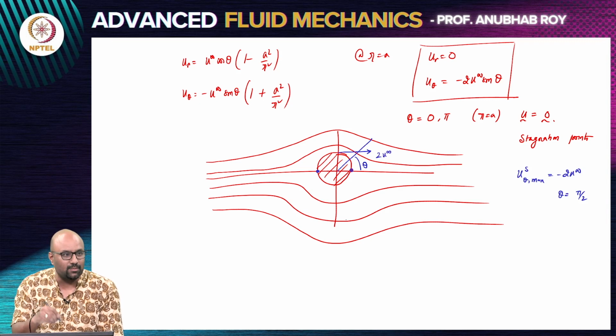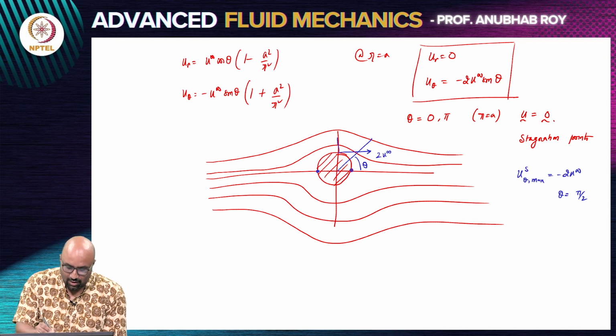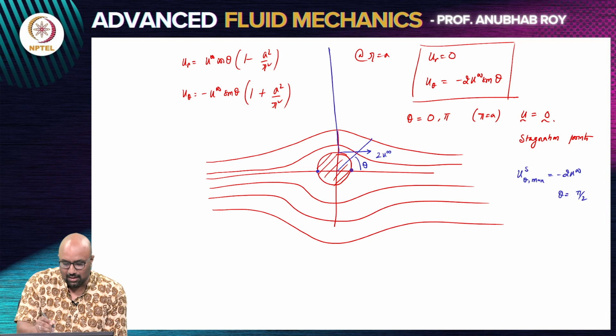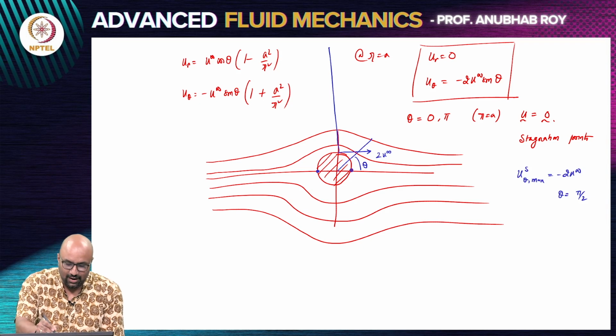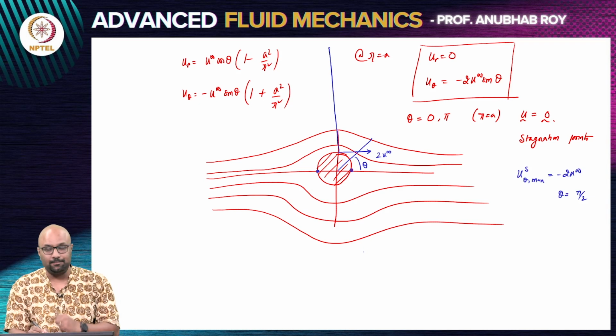If you do the transformation from UR, U theta to Ux, it would be UR cos theta minus U theta sin theta, and you would actually find that at theta equals pi by 2, Ux will be plus 2 U infinity. So, now if I draw a line along the y axis perpendicular to the flow at theta equals pi by 2, what would the velocity field be here far away?